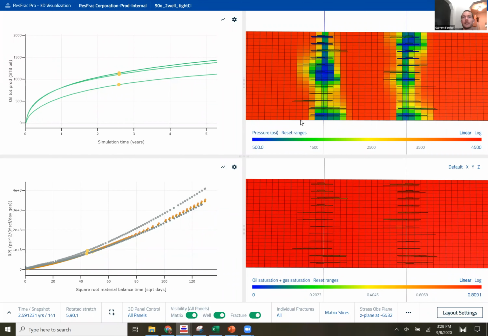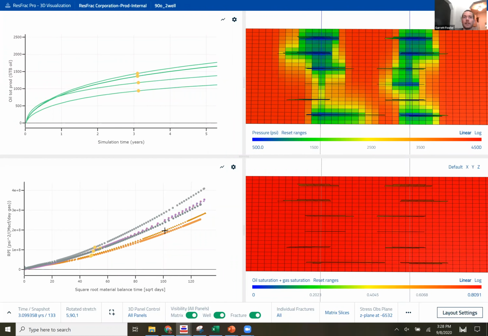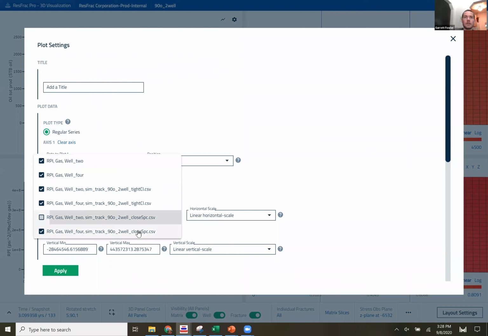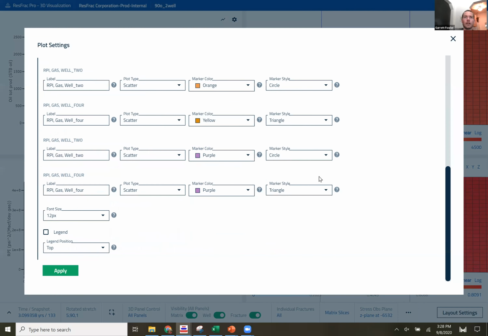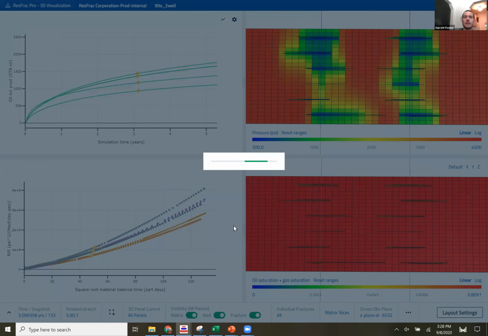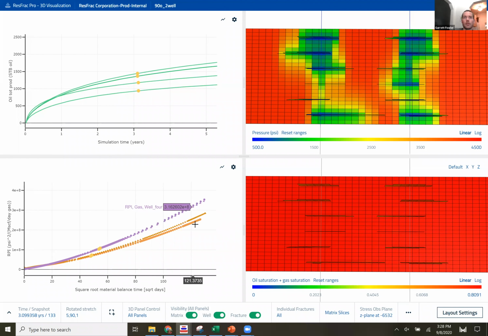If I were to compare the RTA plots, I would see that steeper slope in that simulation. We can do that here, where the purple is the tighter cluster spacing and orange is the sparser cluster spacing. And indeed, that theory holds true even when we're at a field scale simulation.